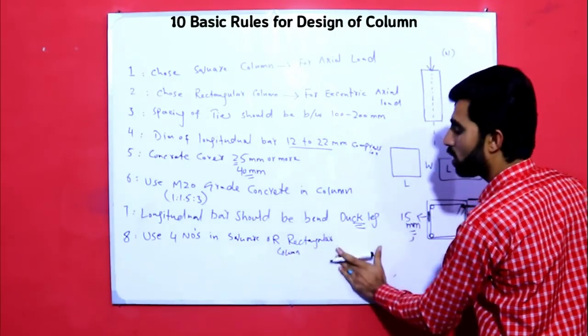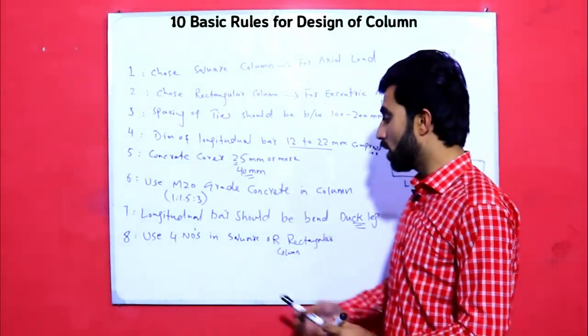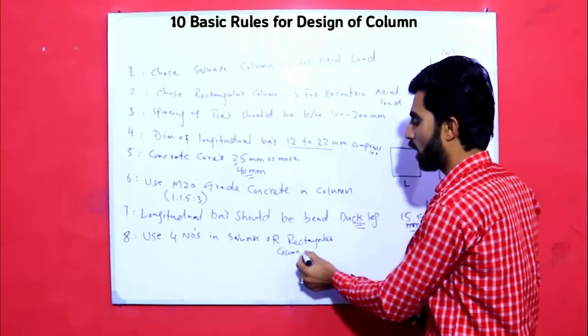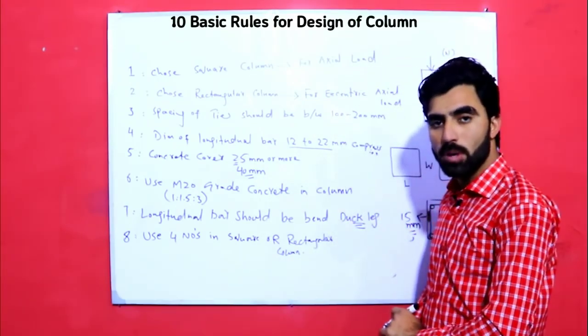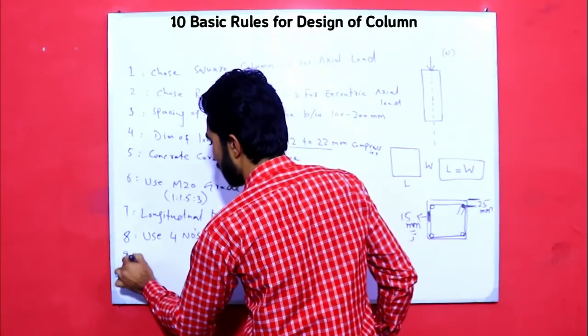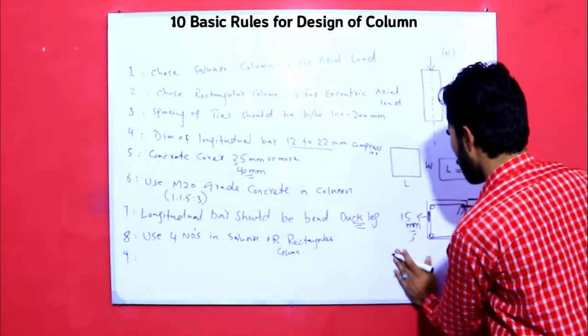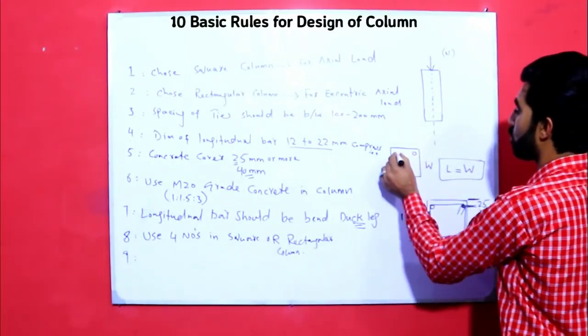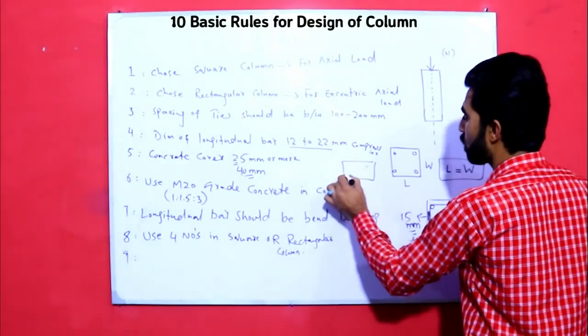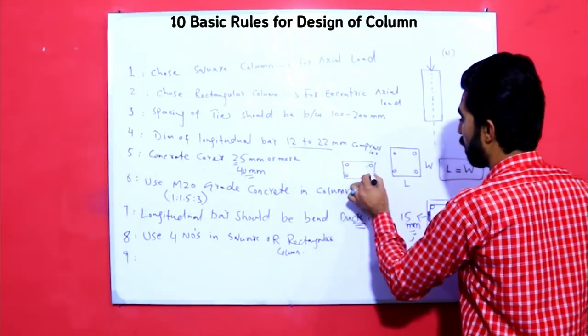Use minimum 4 numbers of longitudinal bars in square or in rectangular column. Okay. And the ninth one is, that is guys, as you can see, this is square column, so use minimum 4. And rectangular column also you can use 4 numbers minimum.